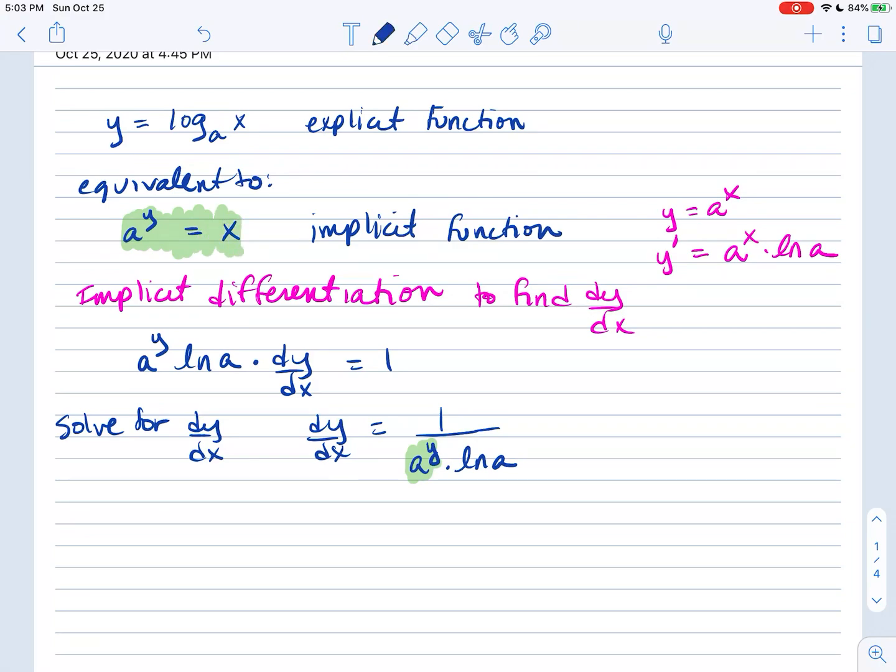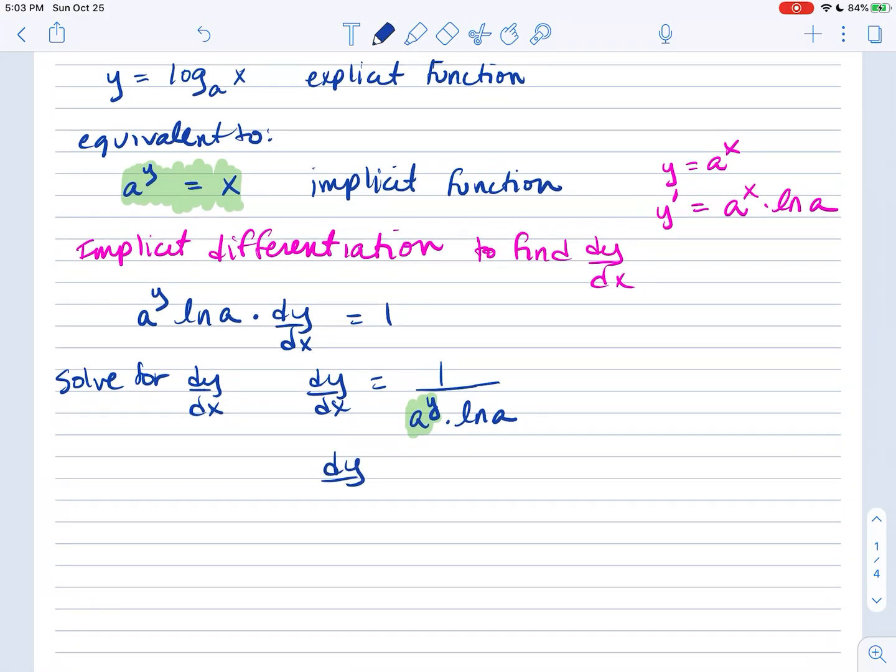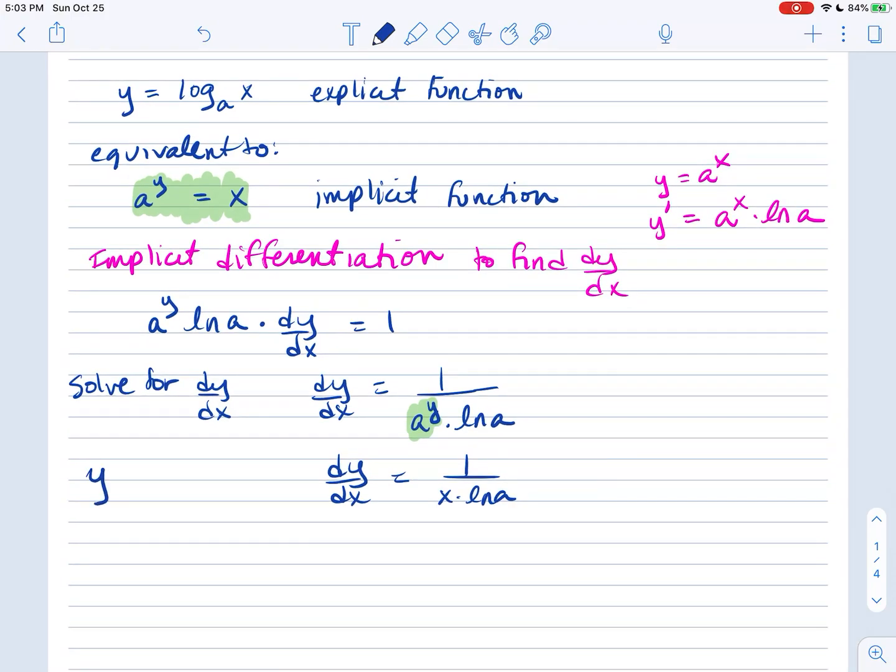Well, I do note that I have an a to the y, but I also know that a to the y is equal to x, and so we have here dy dx is equal to 1 over x times the ln of a. And that gives us our first rule for log base a of x. So for any base, your derivative is going to be 1 over x times the ln of a.